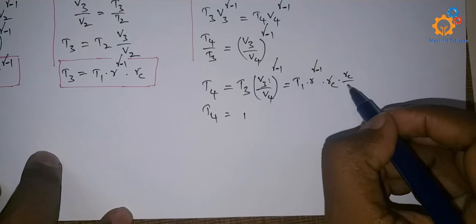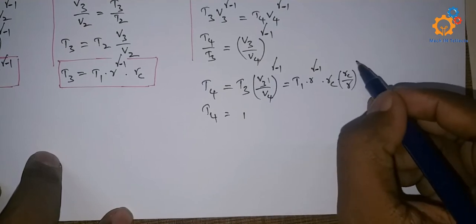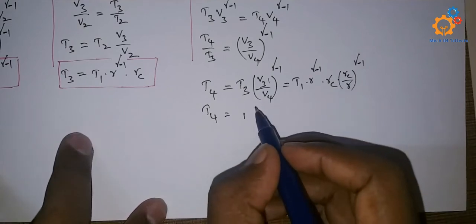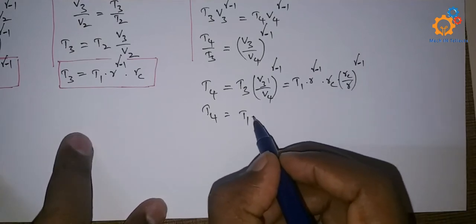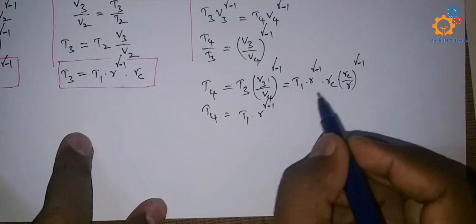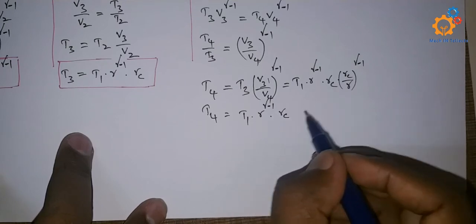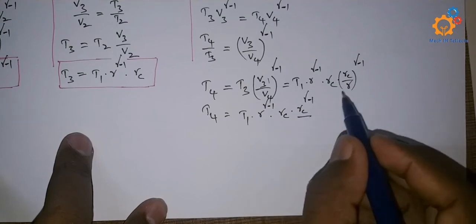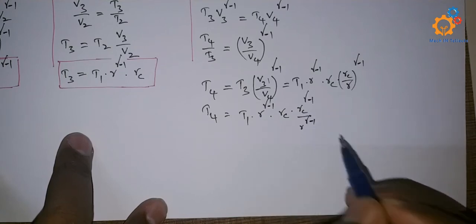RC by R whole power gamma minus 1. So from this I can write T1 into R power gamma minus 1 into RC into RC power gamma minus 1 by R power gamma minus 1, right?